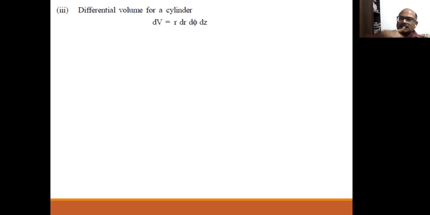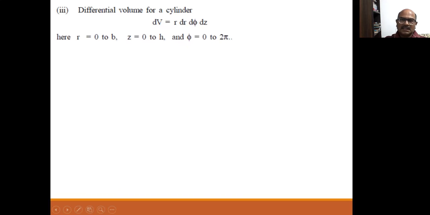So phi will take the rotation about the z axis, or you can say it takes an angle phi from the xz plane. Accordingly it will move and will create a cylinder. So r dr d phi dz will be the small volume of this element.